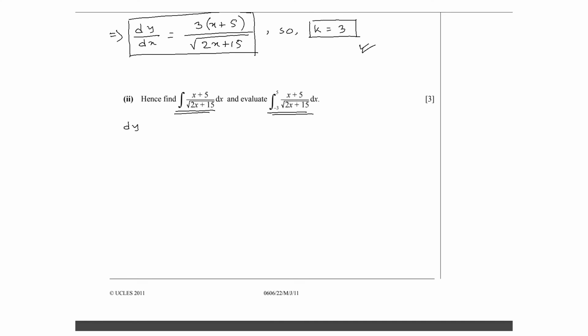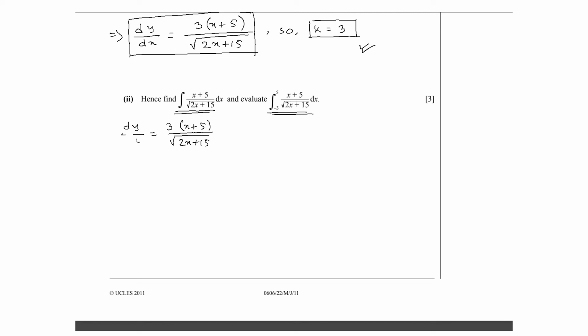So let's start from the point where we left off at the first part of this question. So let's write dy over dx is equal to 3 times (x plus 5) over square root of 2x plus 15. Now let's assume that dy over dx is a fraction, though it's not. So let's multiply the entire equation by dx.